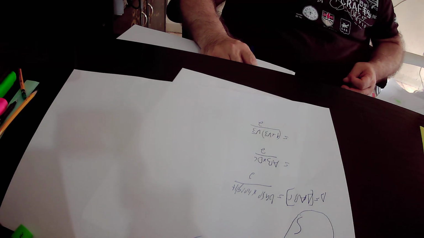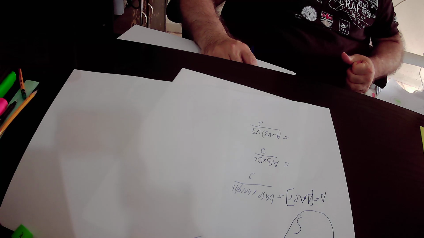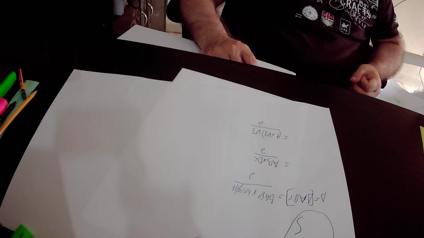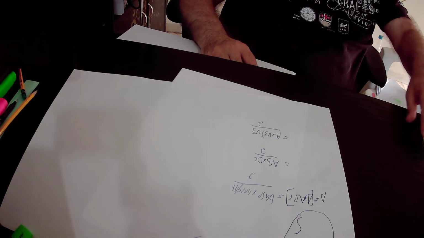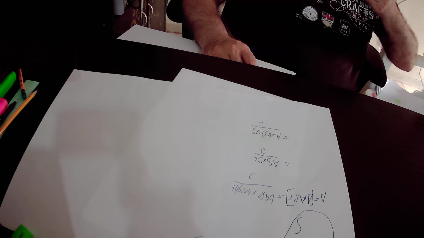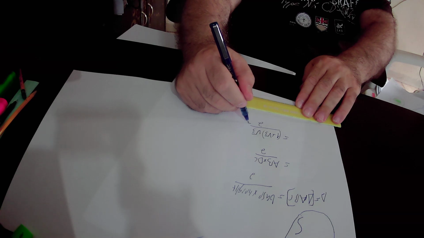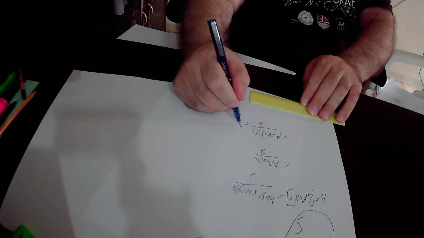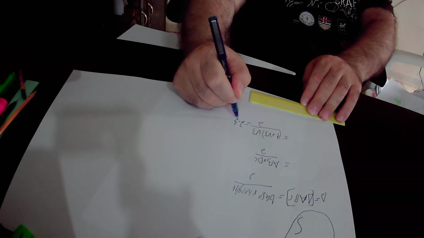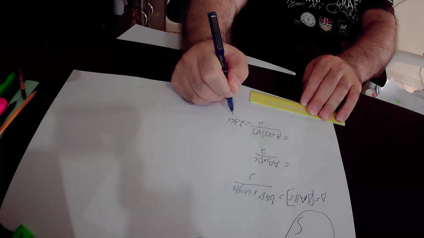Here 1 plus square root of 3 units times square root of 3 units over 2 is equal to 2.366 square units.